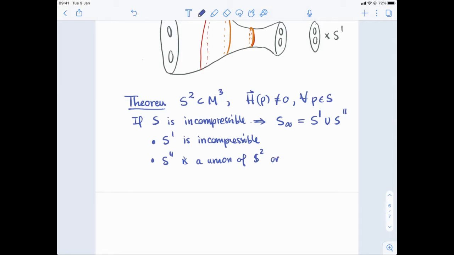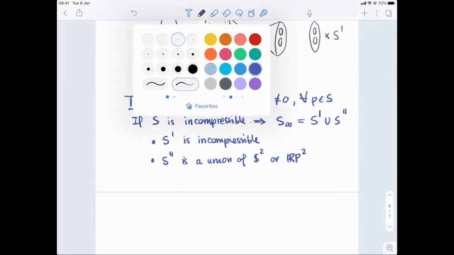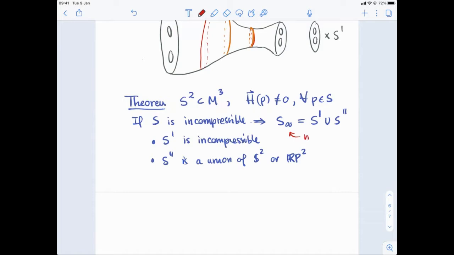So this is two-dimensional minimal spheres, or RP². So remember that S_∞ is minimal, right? This is what we proved in the previous theorem. And the convergence is smooth.